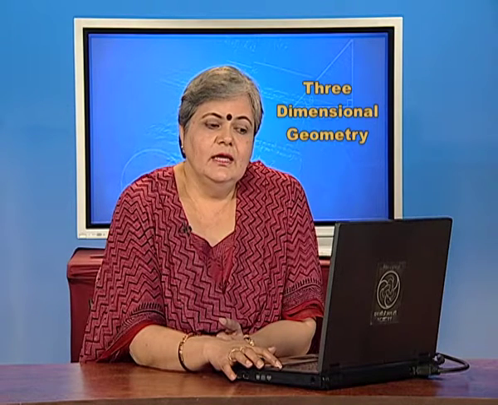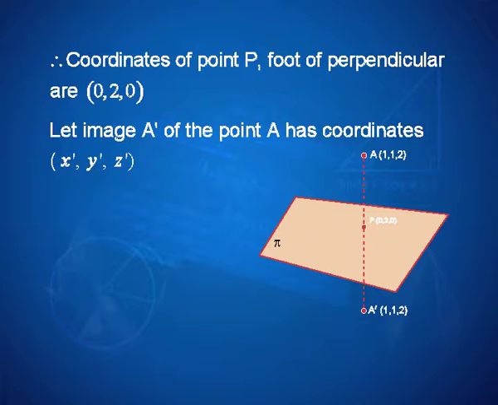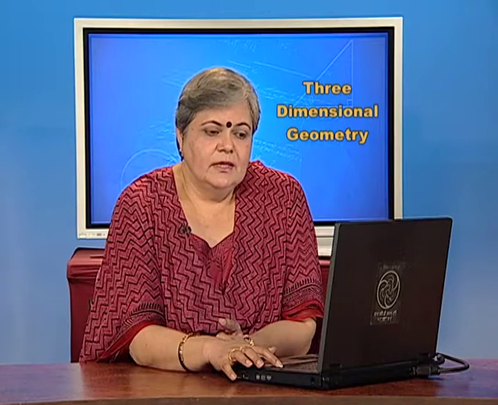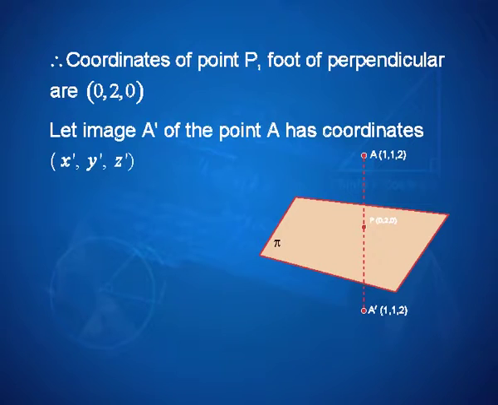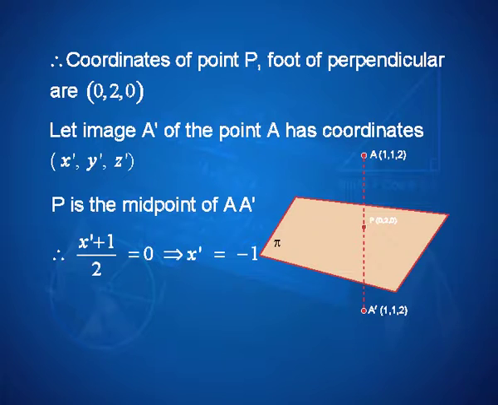In order to find the image, the only thing I need is an understanding that the image is equidistant from the plane as the point A. So the foot of perpendicular P is the midpoint, and if I take A dash as (x dash, y dash, z dash), then using the section formula, x dash plus 1 by 2 is 0, which gives me x dash as -1.